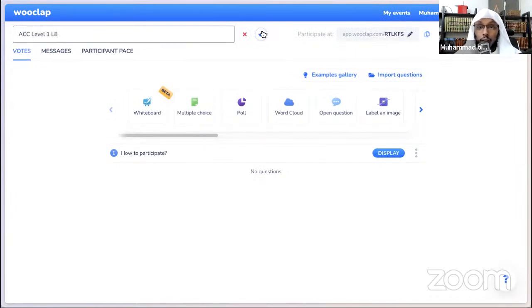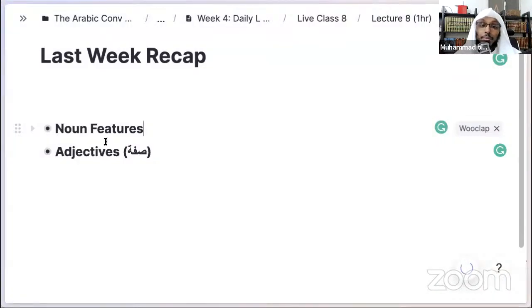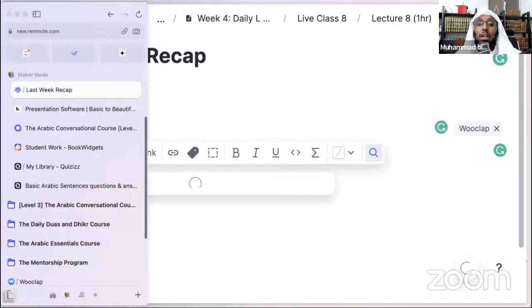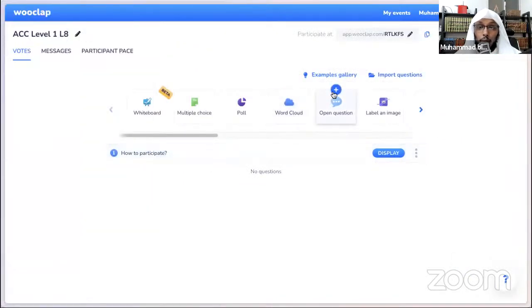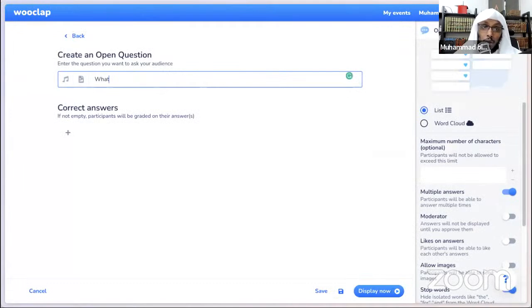Lecture 8. Okay. Find the link in the Zoom chat. So the question basically is, what are the 4 features or attributes that every noun has? And I'm helping you by telling you it's 4.